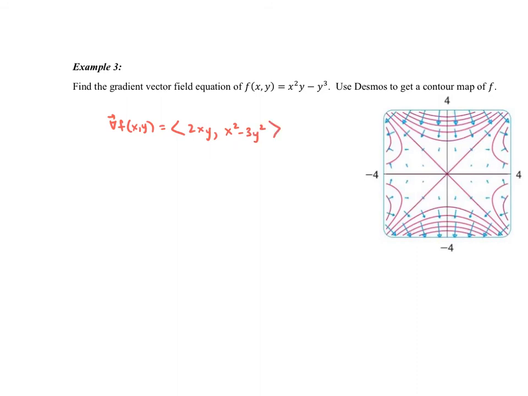So if we were to pick some point in this plane, we could graph that particular vector, and we would get the vector at that point. Then we could pick another point, and we'd graph that vector, and so on and so forth. This gradient vector will produce the entire vector field, which again helps us determine what's happening with the function itself.